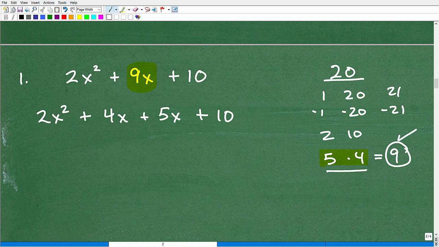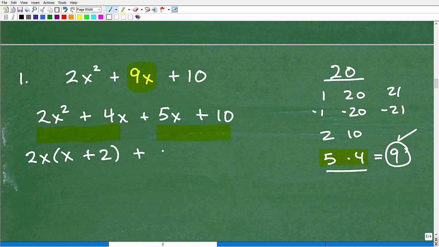At this point, we're going to group factor each of these. We're going to take the GCF out. Let's focus on the first one. Here I can take out a 2x, which leaves me with x plus 2. Notice I got an x plus 2. This x plus 2 better show up over on this side or I'm doing something wrong.